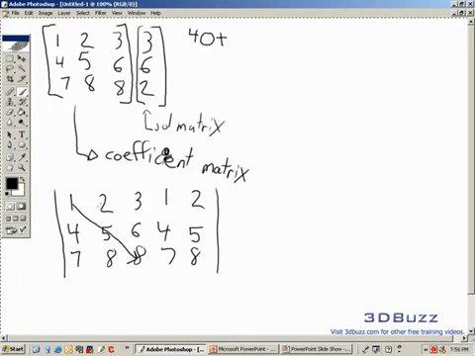So now we do 6 times 7 is 42, times 2 is 84, so plus 84. Then you do this, so 3 times 4 is 12, times 8 is 96, I believe. So plus 96.